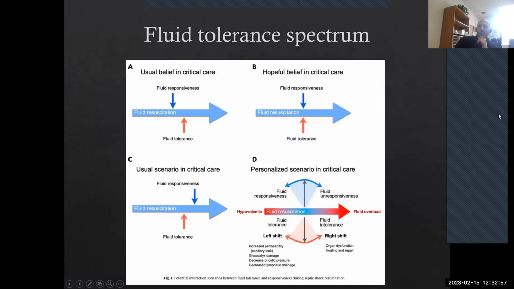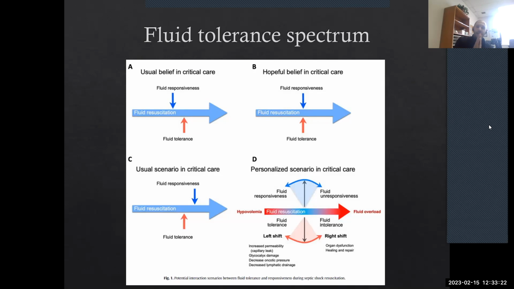And there is a fluid tolerance spectrum that we talk about in ICU. We believe someone is fluid responsive to a point, and then shortly after they become fluid intolerant. They can often be tolerant a bit more than they are responsive. We hope that they'll be tolerant right up until they're responsive, and then we know right away we've given enough fluid.